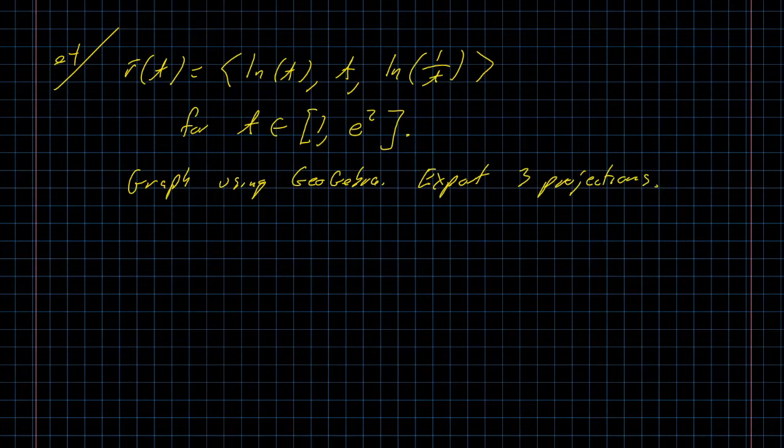I would like you to graph this curve using GeoGebra and export 3 projections of it. So instead of just trying to find something that looks nice, give me the projection in the XY plane, the YZ plane, and the ZX plane.